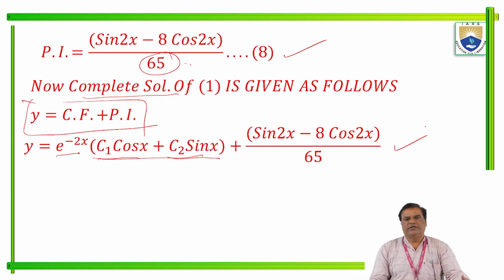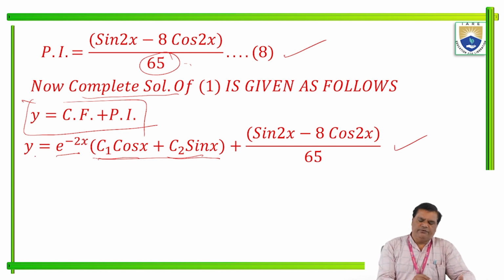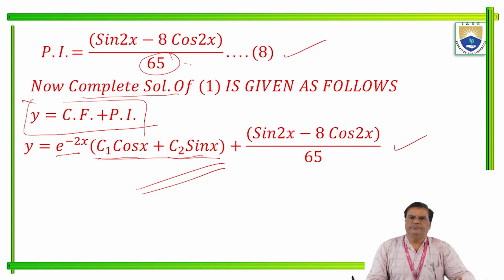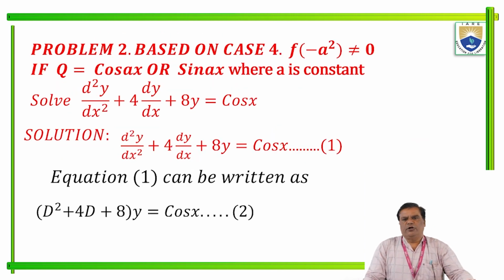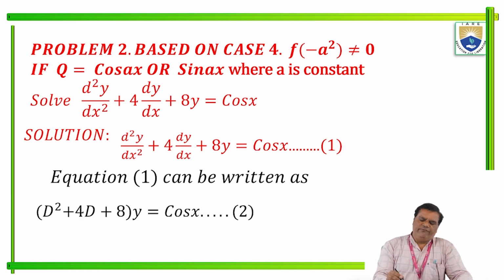So this is the complete solution of the linear differential equation of second order with constant coefficients. We have completely solved problem 1. Now next we want to solve problem 2, based on the same case 4, F of minus a square, F(D square).